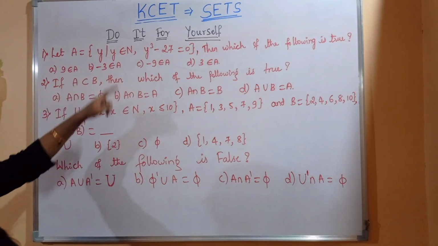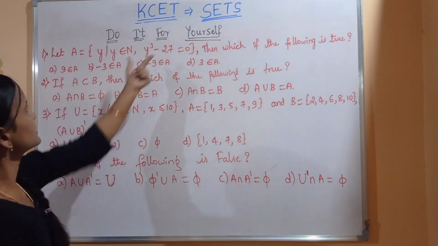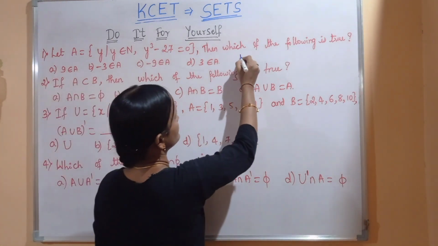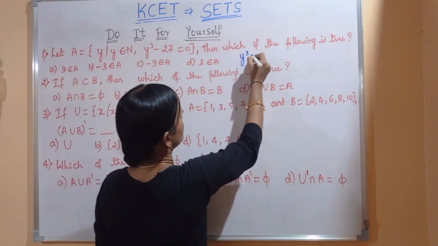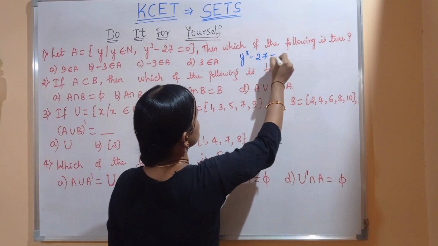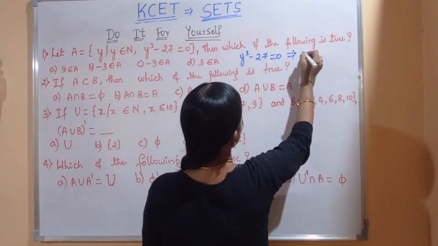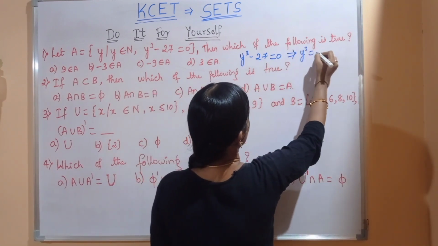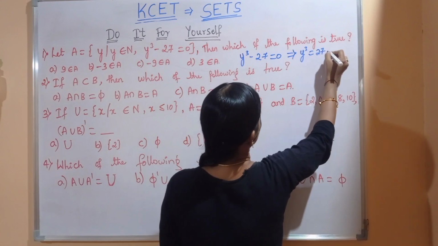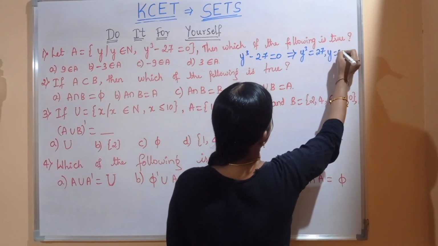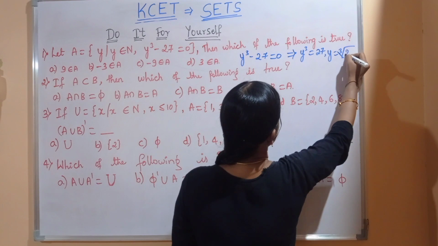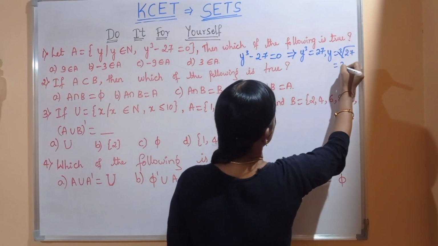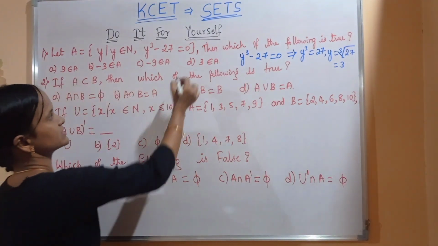In order to check, we should solve the given equation. Y cube minus 27 is equal to 0. This implies y cube is equal to 27, y is equal to cube root of 27, which is nothing but 3. So your option is D.